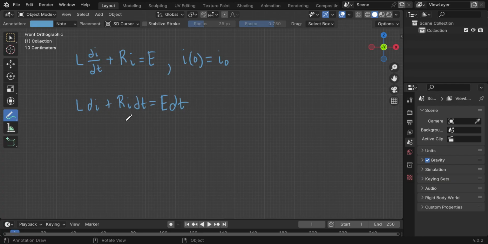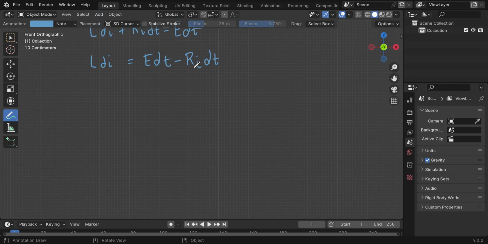Next thing I want to do is get all the dt junk on one side. So let's start with L di equals E dt minus R I dt. And then let's factor the dt out.